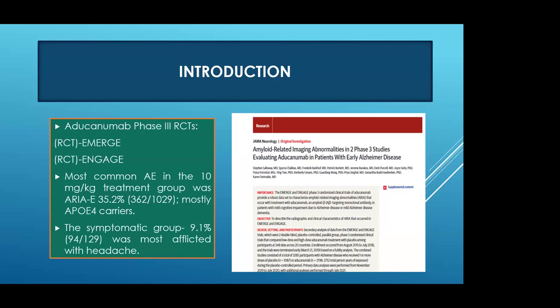The intervention was a randomization of 1 to 1 to 1, in which some people received the medication at a low dose, some other people received it at a high dose, and some other people didn't receive the medication but just received the placebo. Again, the most common side effect was amyloid-related imaging abnormalities with edema.